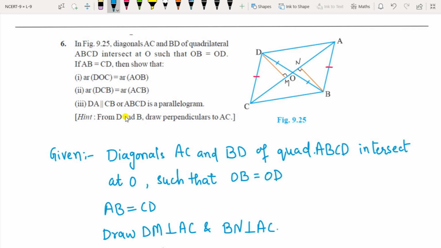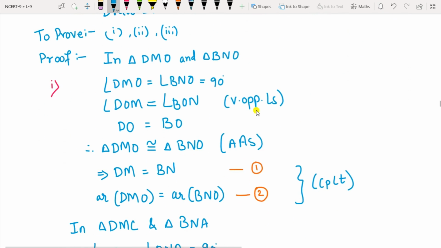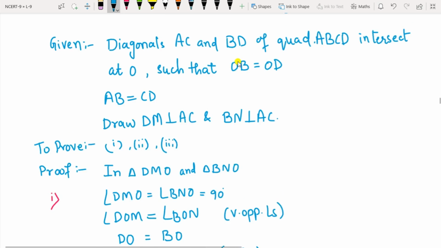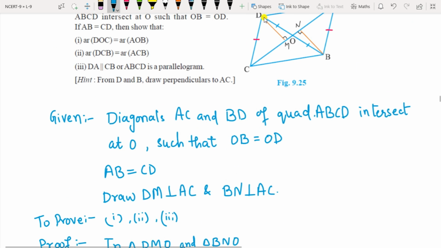Okay. Now here we have to first draw two perpendiculars, DM and BN. Okay. So we will consider that particular triangle DMO and BNO. So we will consider the triangle DMO, this small triangle, and BNO, this small triangle. So you have to prove the congruency for these two triangles.